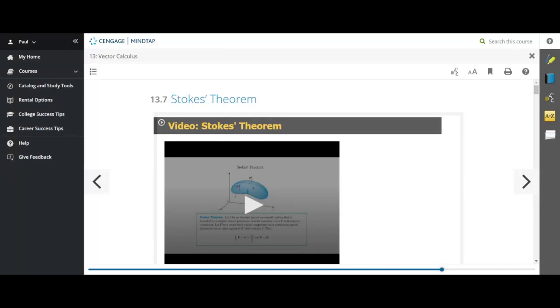Now, it turns out that flux integral can actually be helpful in a theorem called Stokes' theorem. So this Stokes' theorem that I'm going to show you is named after the Irish mathematical physicist Sir George Stokes. He lived from 1819 to 1903, professor at Cambridge University.